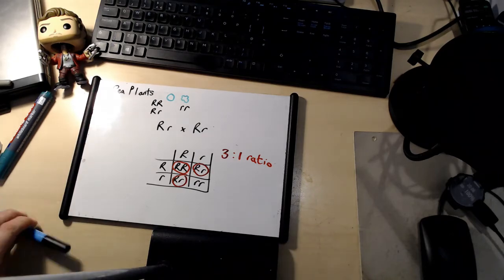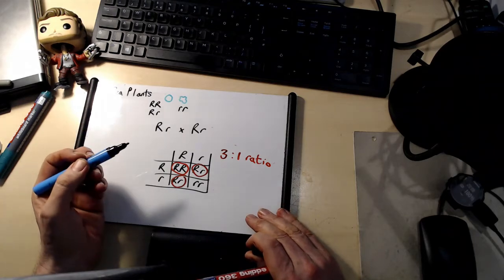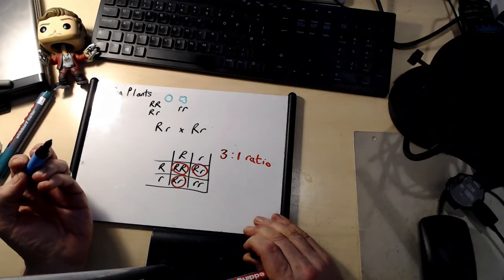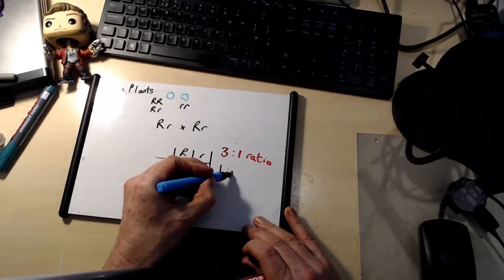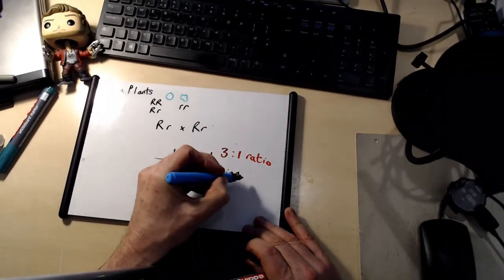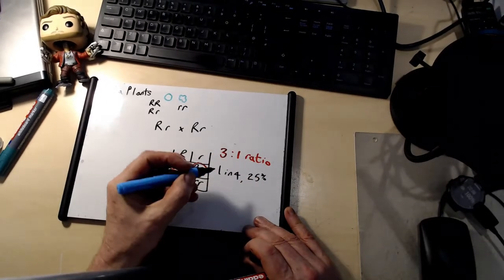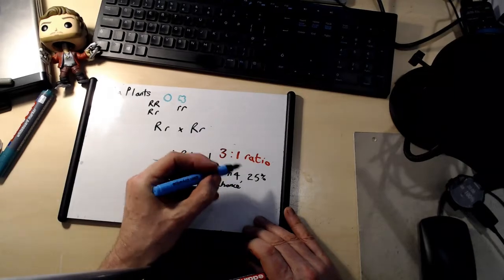So you're producing, in terms of round peas, a 3-to-1 ratio of plants producing round peas to plants producing wrinkly peas. This means there is a 1 in 4, or you could say 25%, chance of any new plant being a wrinkly pea.